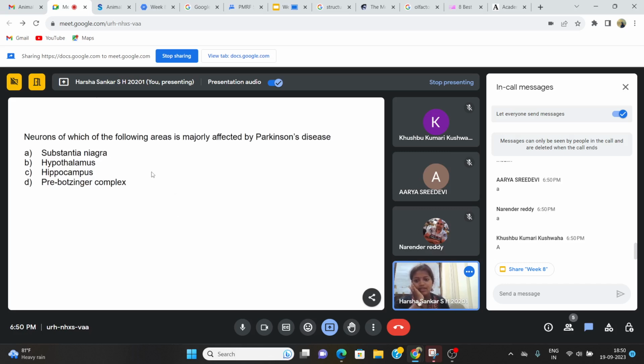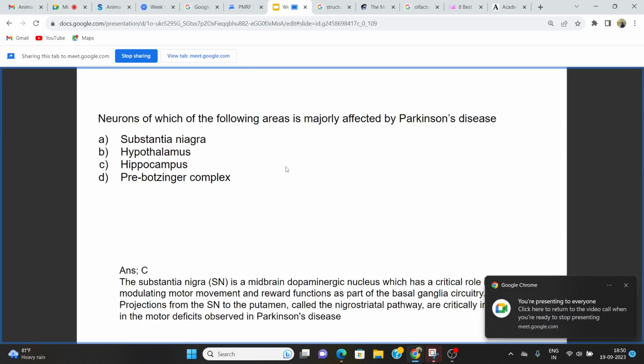Everyone said option A. Yeah, we have seen that, right? Parkinson is basically a defect. It will create a defect in motor activity or our movement. Our movements are basically coordinated by the substantia nigra. So the correct answer is option A.